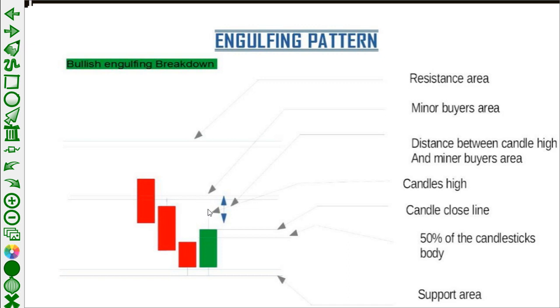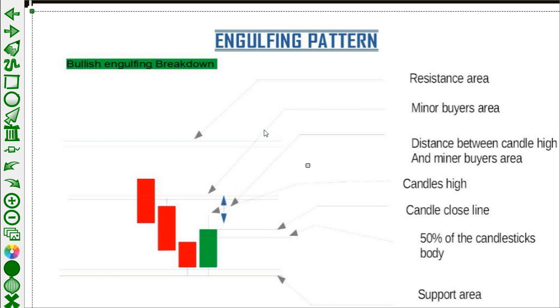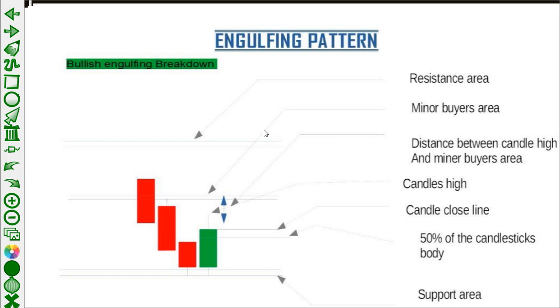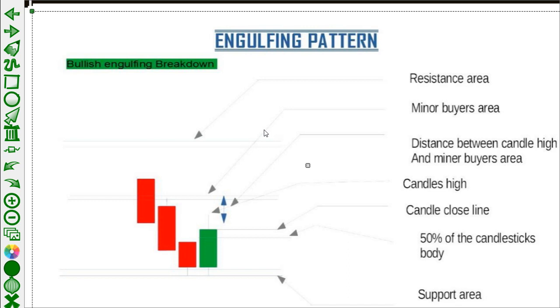If there is a distance from the minor buyers area and the candle closes above its own 50% line, then we can take the call option here, and the market is expected to go up for at least the next one candle. So this is the second condition where we are taking the call option.